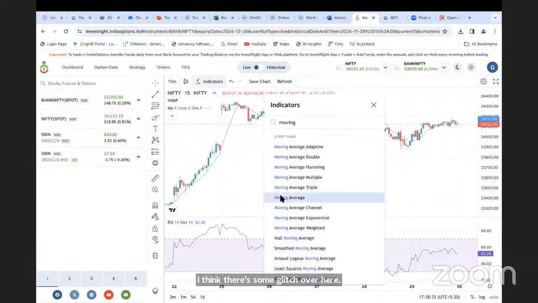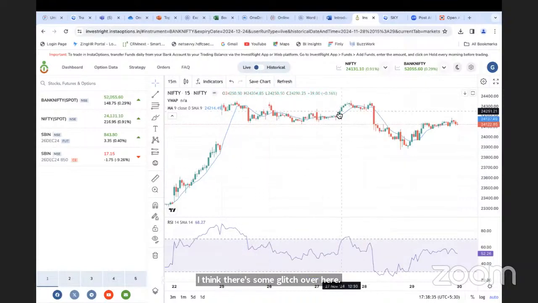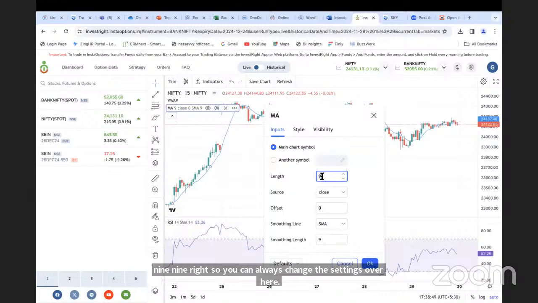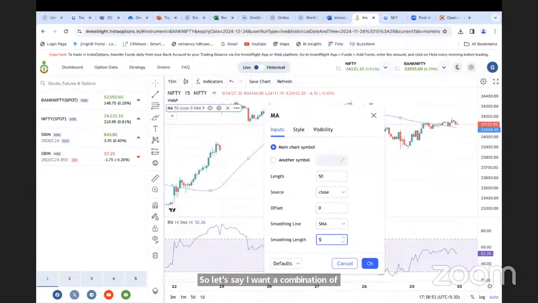Let's go with moving average. So I have placed this moving average here. Right now, if you can see, this is a number showing as 99. You can always change the settings here. Let's say I want a combination of 50 and 100 moving average. So first I'm making this a 50 moving average.